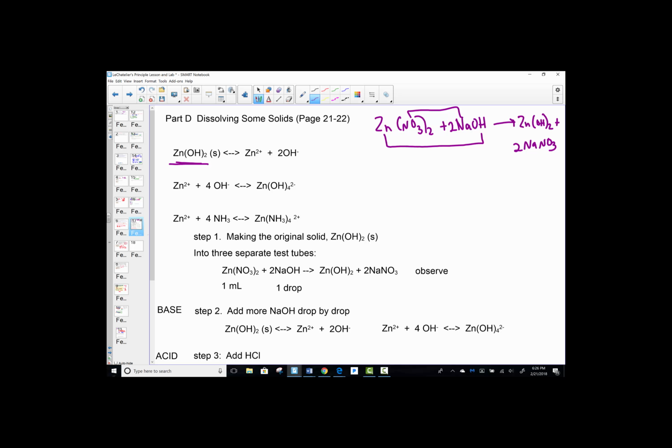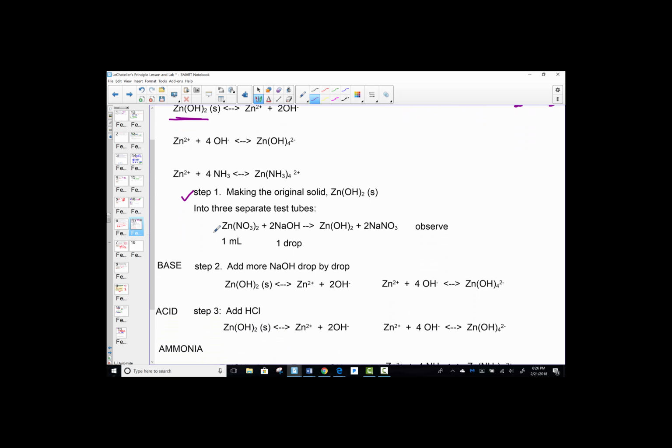Then it goes on to say add more 6 molar NaOH. So that first step is just making the zinc hydroxide. Step 1, into 3 separate tubes, there's your recipe. 1 mL zinc nitrate, 1 drop sodium hydroxide, and observe the solid formation. It will come out cloudy at this point.